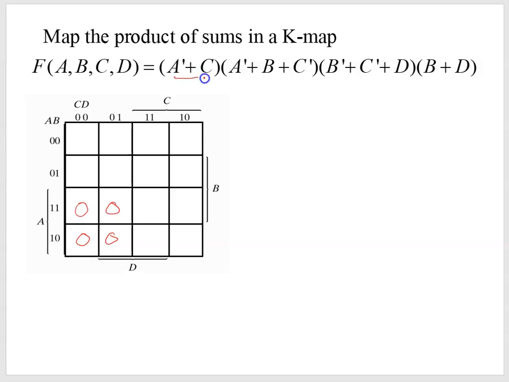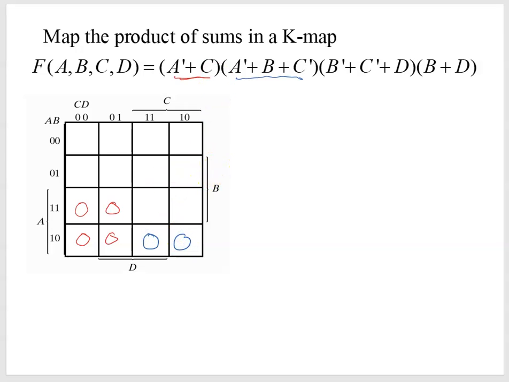Now to map our next one, this is where A is a 1, B is a 0, and C is a 1 because it's C prime. So our 1, 0 is down here, and C is a 1 in one of these 2 cells.